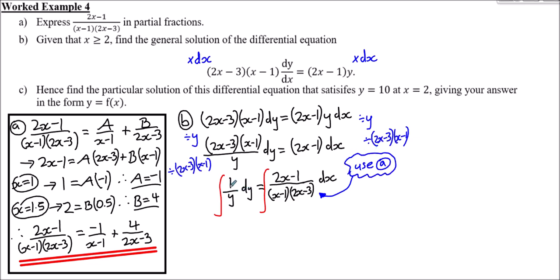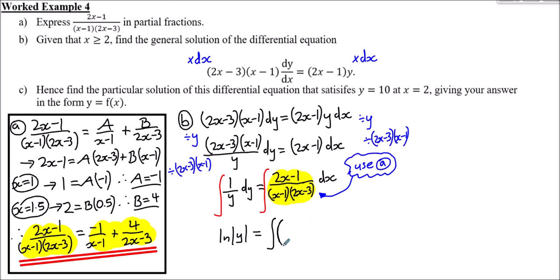If I use part A for that, I'm now going to see that 1 over y dy will become ln mod y. Over here, I'm going to be integrating this instead, because this form here is the same as that. So I'm just going to switch that around and replace it with that, because that can be integrated in terms of natural logarithms.